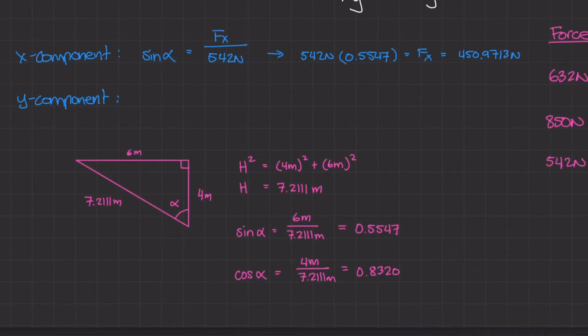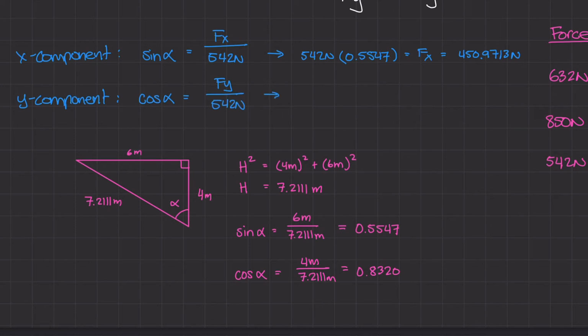Okay, so for the y component, again, we're looking at this angle right here, and the y component is vertical, and it's adjacent to that alpha angle. So in this case, we're going to say cosine of alpha, and I should probably do that in blue to stay consistent. I can say that the cosine of alpha is F of y over 542 newtons.